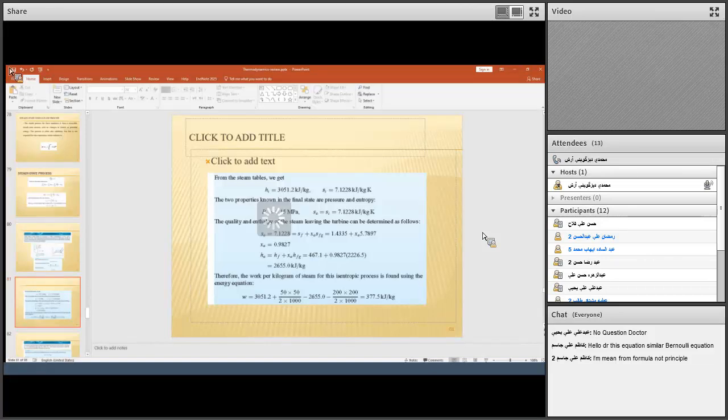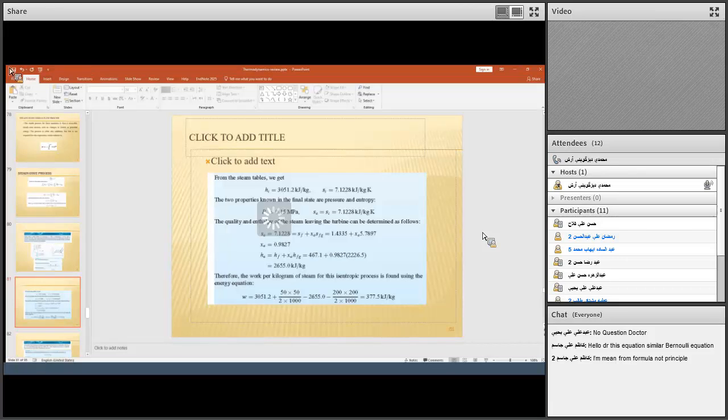If we consider the table, quality can be computed as 0.9827. And from this value we can compute the enthalpy at exit.